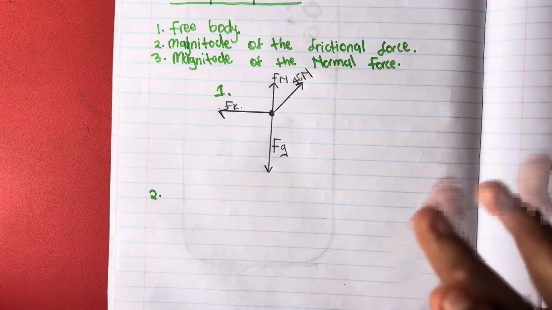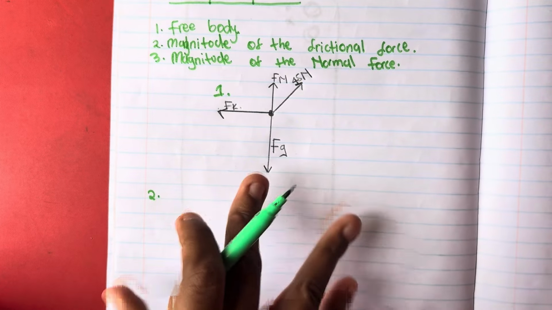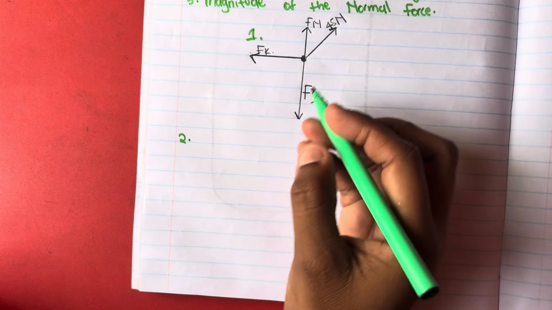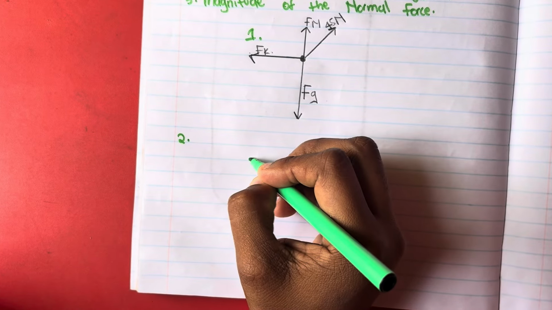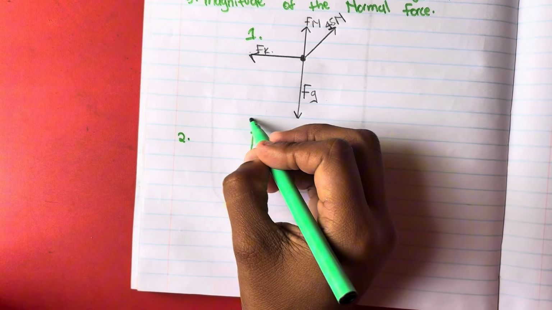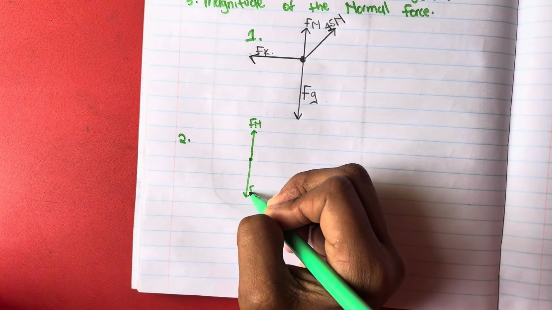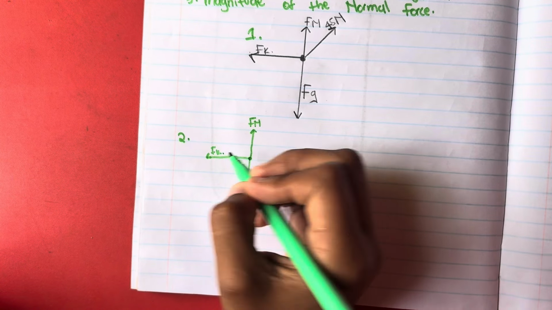Before even that, because we're calculating the magnitude of the frictional force, we can now break this force down into its components. So it's going to look like this. We have our Fn, we have our Fg, we have Fk.